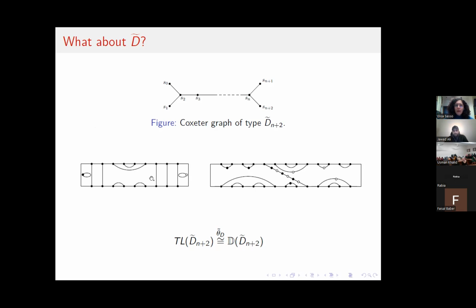We admit another type of loop, which is this one with a white circle, and everything else is actually the same. So we construct the set of admissible diagrams with those decorations, and we showed that there is an isomorphism. So we represented another algebra.